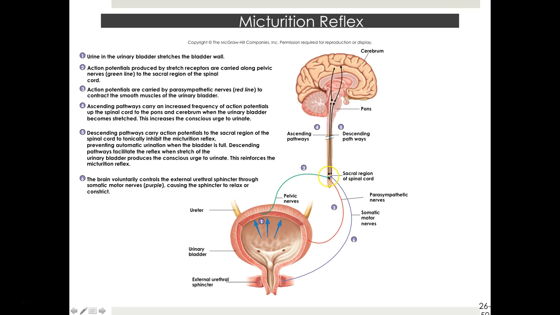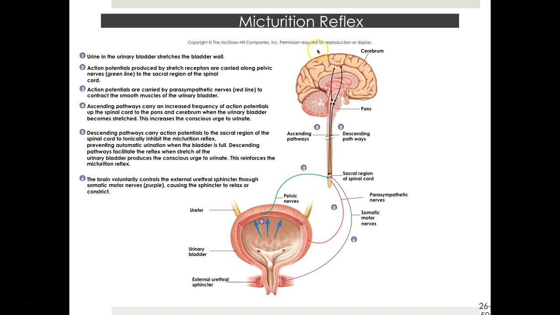We also send signals through our ascending pathways that are going to tell our brain, hey, you have to go to the bathroom, your bladder is full. So we're making connections here in the pons, in that pontine micturition center, and also sending it over to our cerebral cortex, where we have conscious thought taking place, telling us to go to the bathroom so that we can urinate.